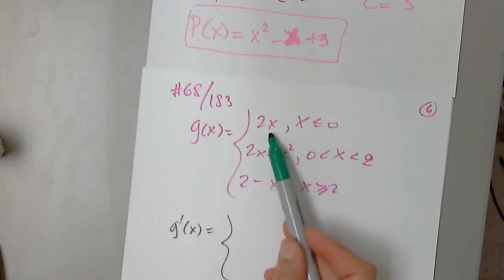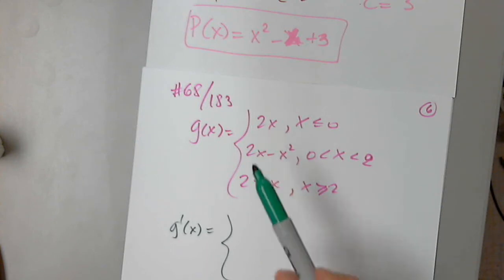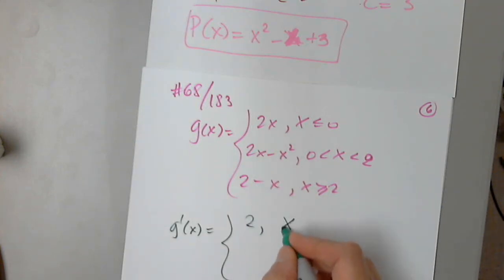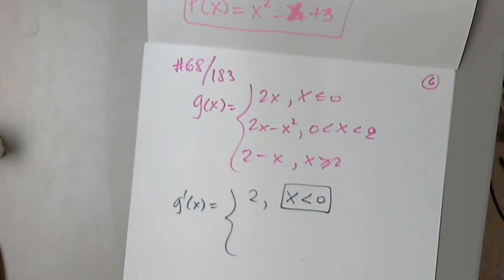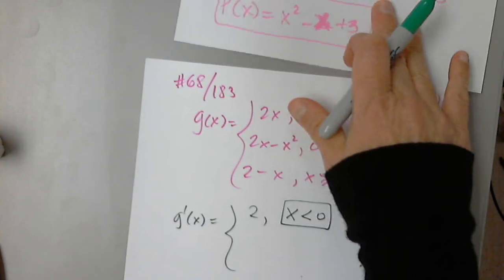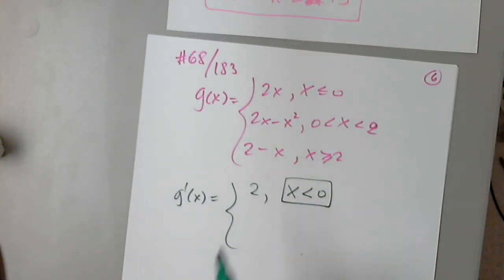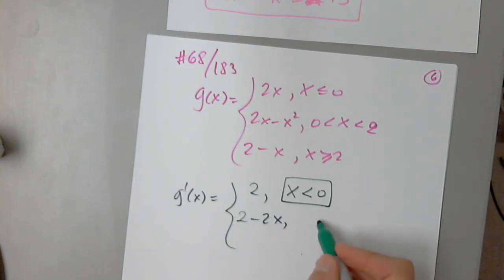Can anyone give us g prime of x for the first branch? 2. I cannot put the equal symbol just yet. We'll see in a moment. Okay, so can anyone give us the derivative of the middle branch? 2 minus 2x.